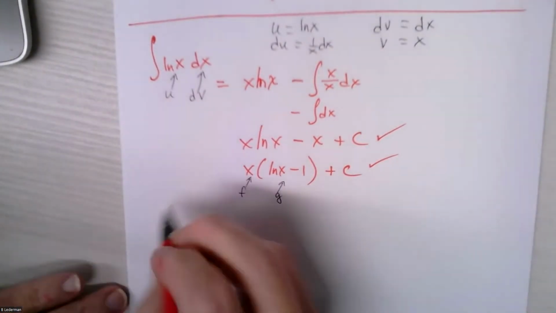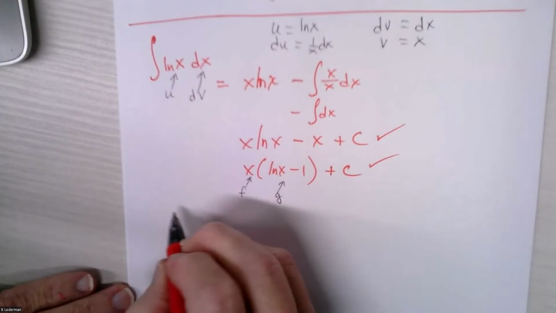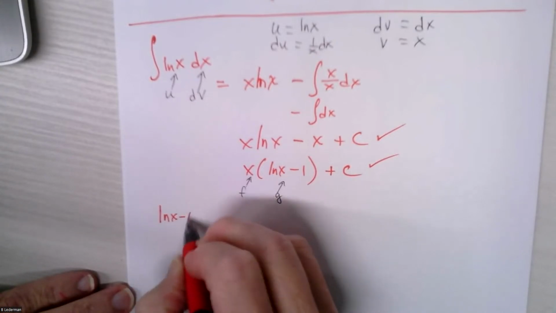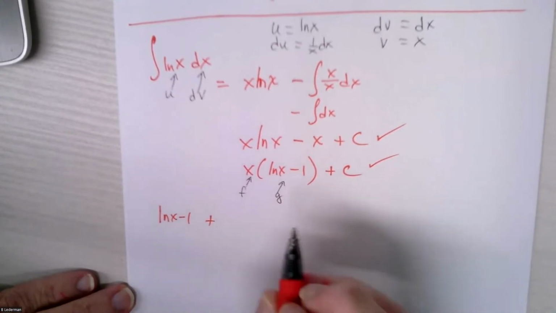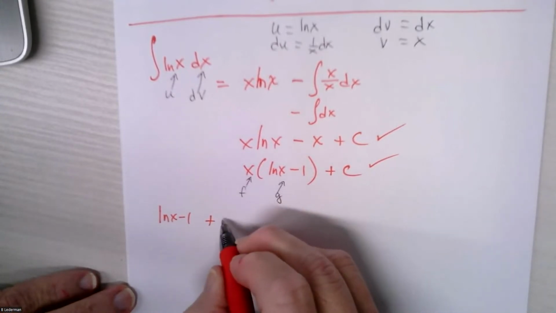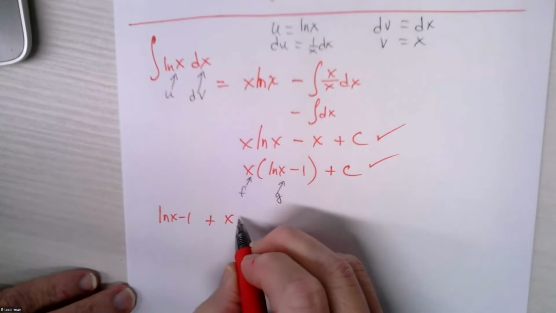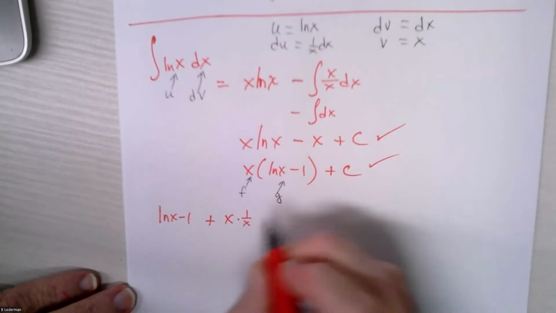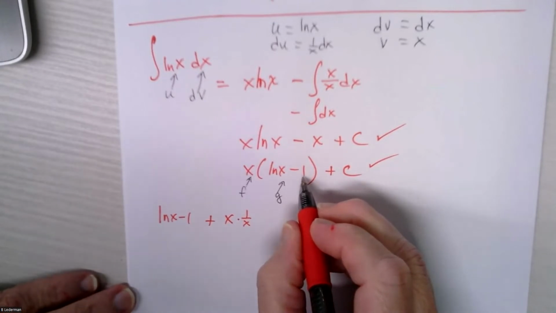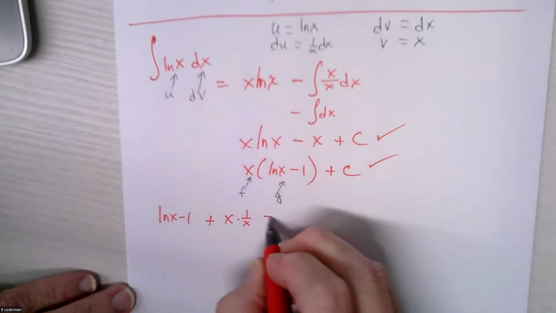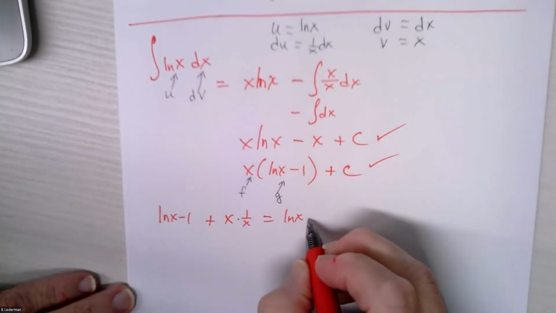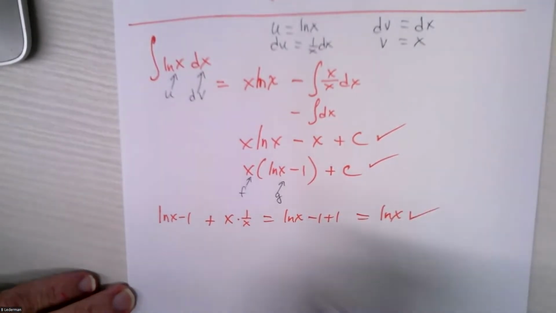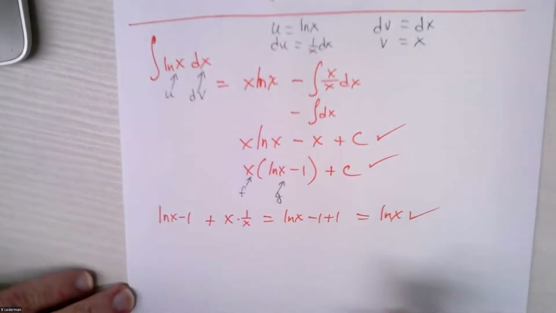So f prime g is just going to be 1 times ln x minus 1, plus f times g prime. And g prime is just going to be 1 over x. So this is equal to ln x minus 1 plus 1, which equals ln x, exactly what I wanted.